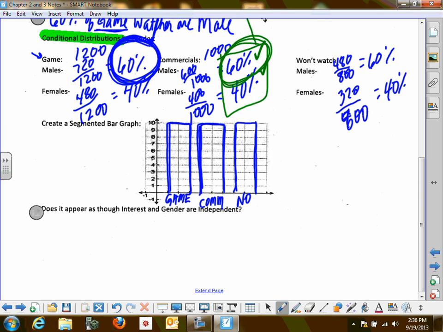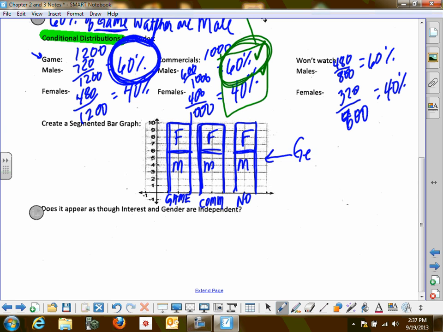So those all are in percentages, because if I put them in numbers, they'd be different heights. We have different amounts: 1,200, 1,000, and 800, so it's not how many, it's percent. Let's now segment this by gender. 60-40, males, females. 60-40, males, females. 60-40, males, females.